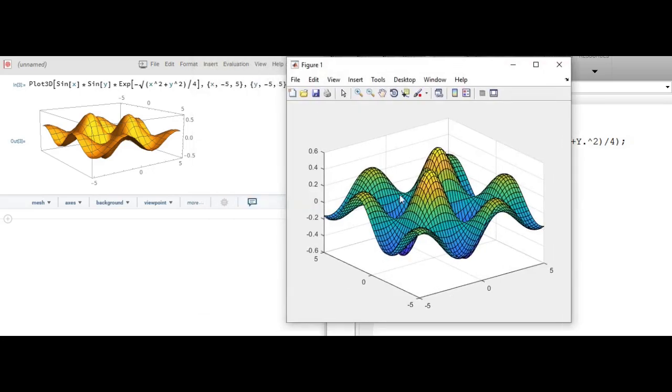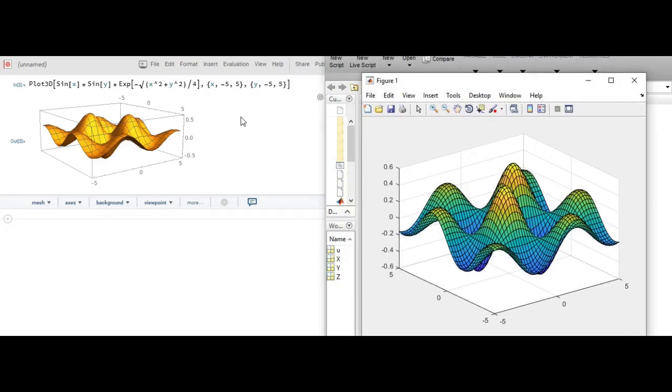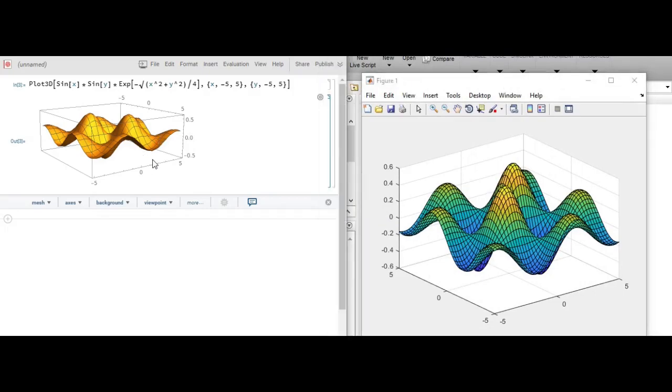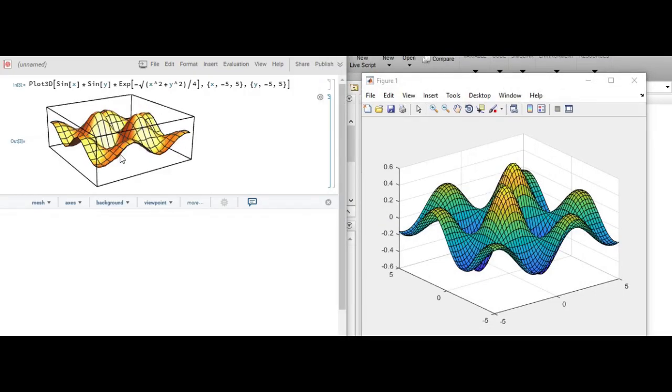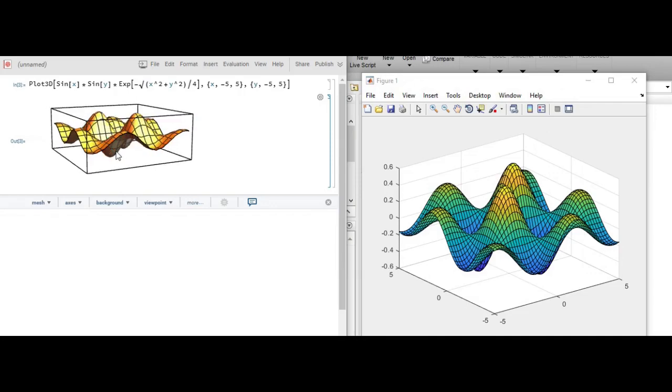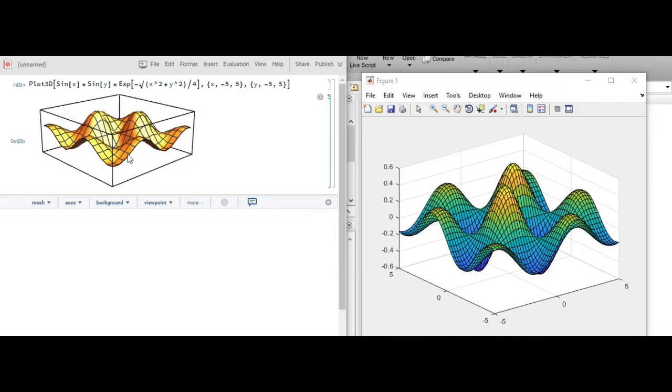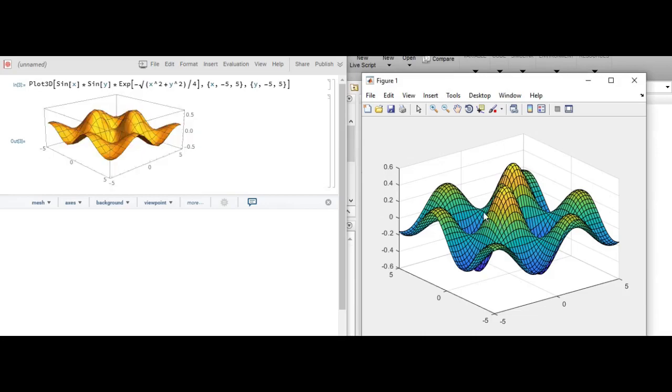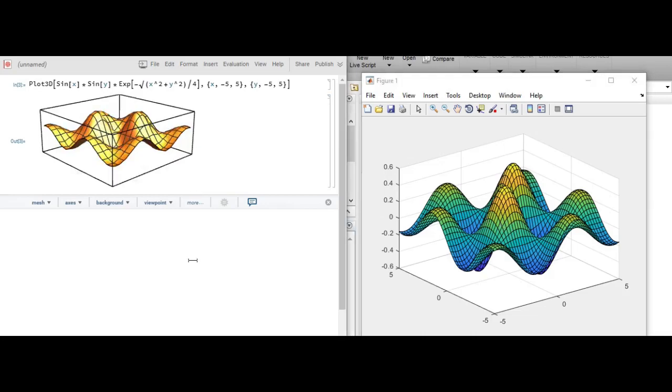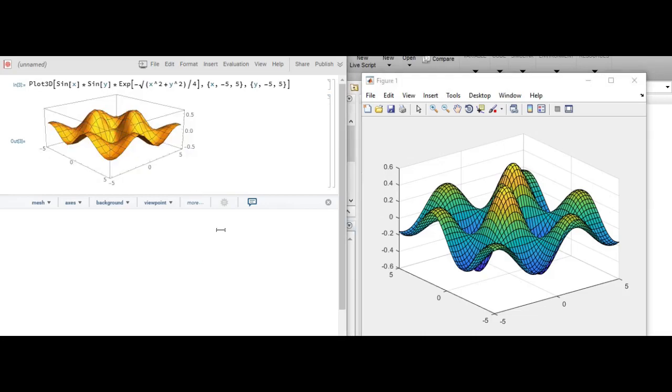This is from MATLAB, and this is from Mathematica. We can see that both the graphs are similar. It depends on how many points we take. So this is what we have done: 2D plot, then we have done 3D plot.